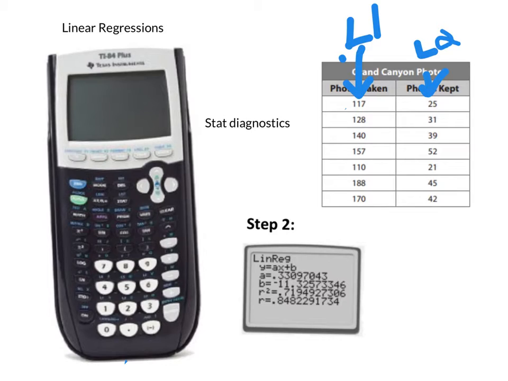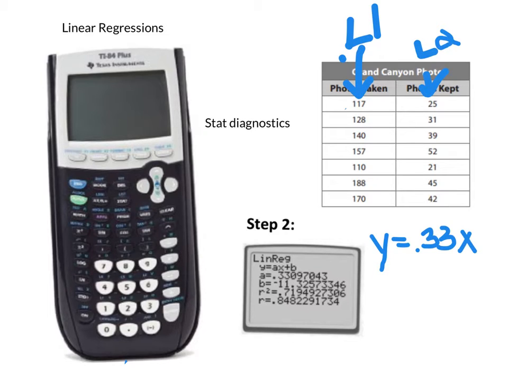Generally, I say to round to the nearest hundredth, which is 2 decimal places, but you may need to do more if it is helpful for your regression. But in general, always round to 2 decimal places so that you have a fairly accurate equation, and it'll help you do better predictions. So unless your teacher says otherwise, round to 2 decimal places. So in this case, I would round to y equals 0.33x for the a, and for the b, I shouldn't put a plus because it is a minus sign there.